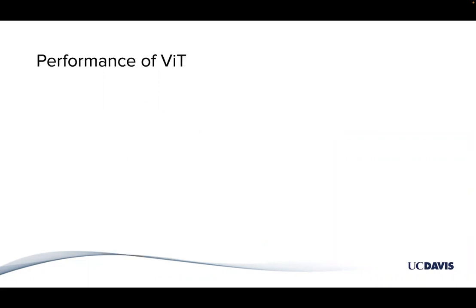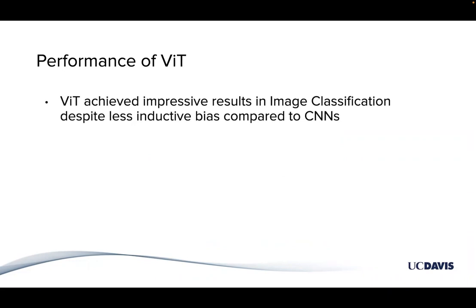So let's look at the performance of the vision transformer. The vision transformer achieved impressive results in image classification despite having less inductive bias compared to convolutional neural networks. We know that convolutional neural networks are tailor-made for vision tasks, but in the ViT paper, the only inductive bias we are giving to the transformer is that we divided the input image into some fixed number of patches.